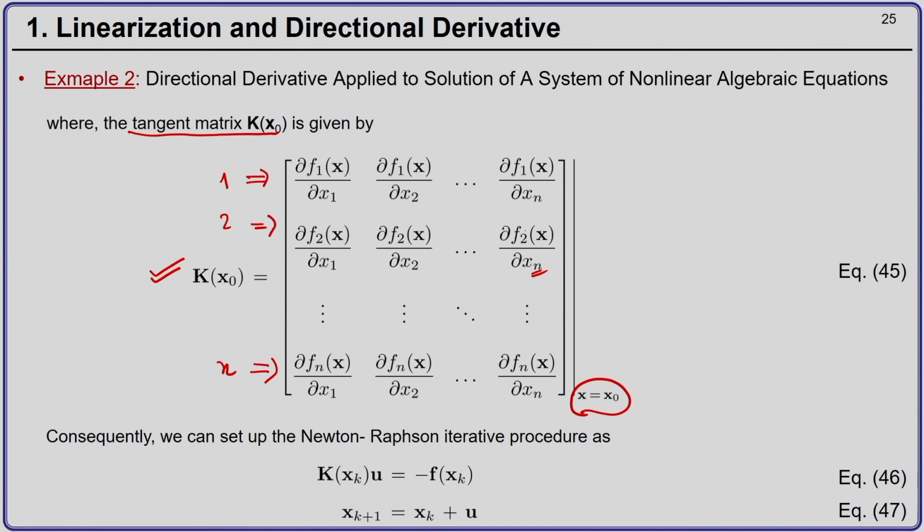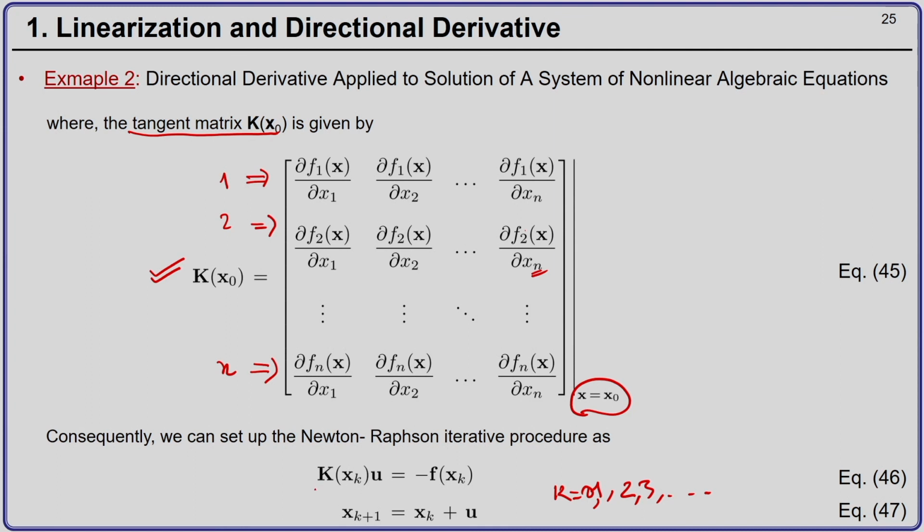So, once you know this tangent matrix, you can set up the Newton-Raphson iterative procedure. How do you start? We have some initial guess x 0, and then we want to find the solution of our system of equations.